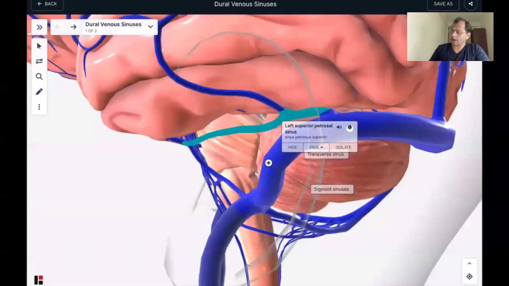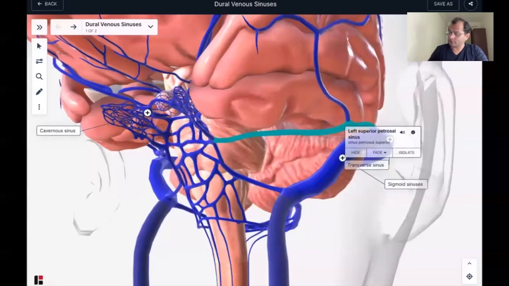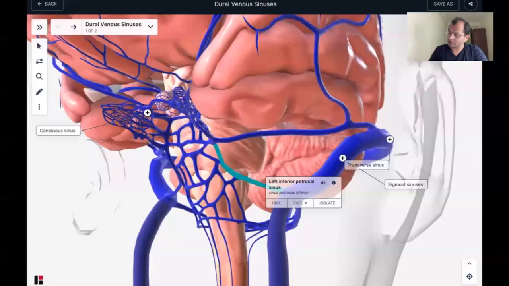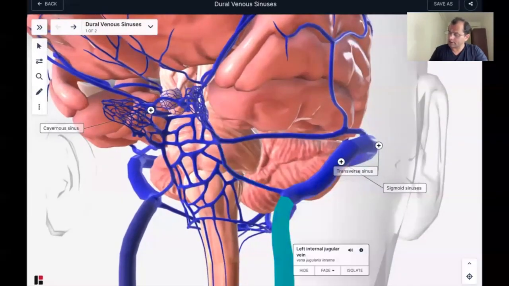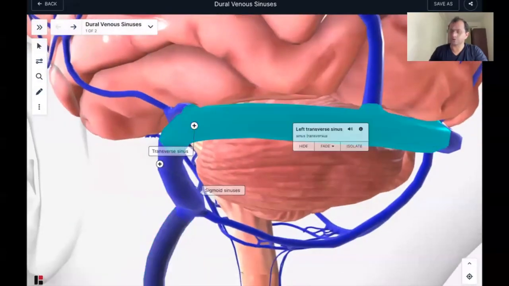So what I want to clarify: the blood from the cavernous sinus goes through the superior petrosal sinus and the inferior petrosal sinus. The inferior goes directly out, but the superior comes into this horizontal part, then goes out. Okay.